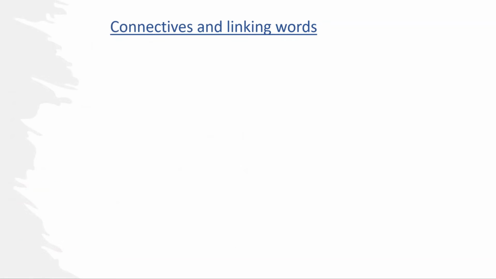Again, connectives and linking words. También, además, also, one we've used quite a few times. Como, like, yeah, me gusta vestirme como mi abuela. I like to dress like my grandmother.